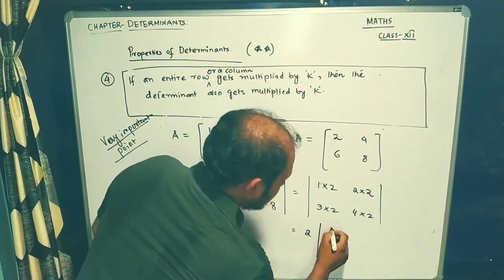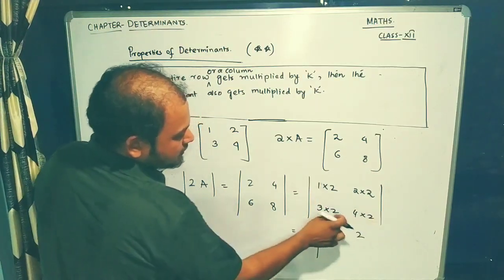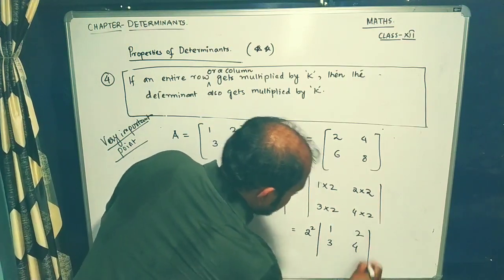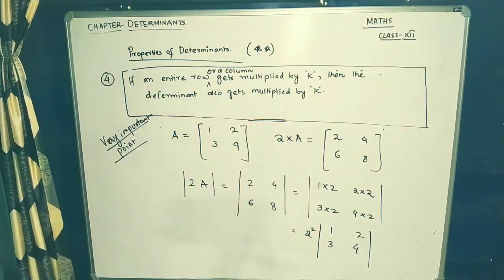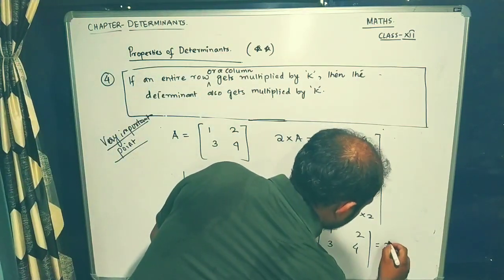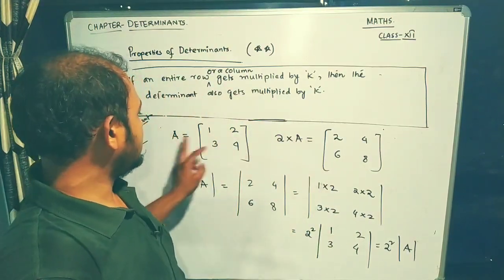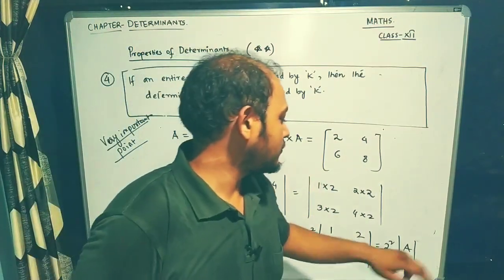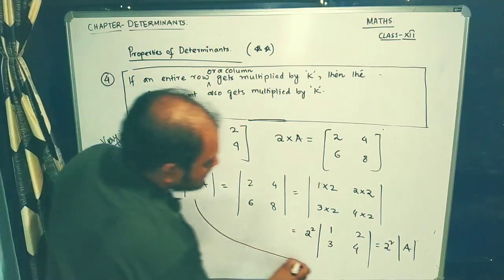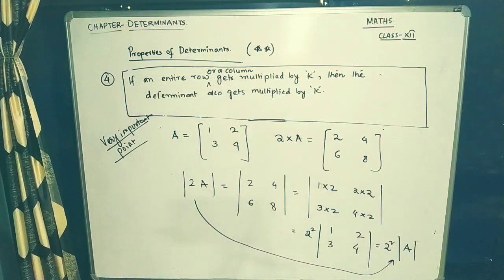Then this row contains another common factor 2, so I can take another 2 outside of this matrix. In other words, this is 2 square times the determinant of A, because this matrix is nothing but A. So can you notice that determinant of twice A is equal to 2 square times the determinant of A? Can you see that?